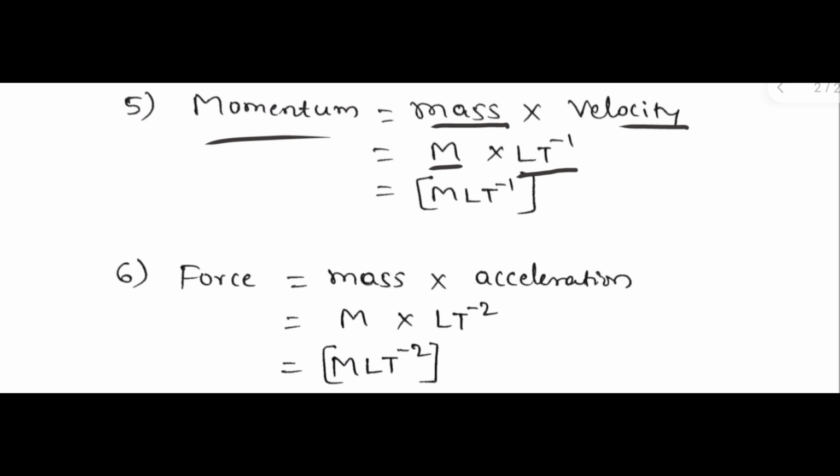In that way also you can find. Combining these two dimensions, that becomes M to the power, if nothing is there, there must be a 1. M to the power 1, L to the power 1, and T to the power minus 1. Okay, this is the dimension of momentum.